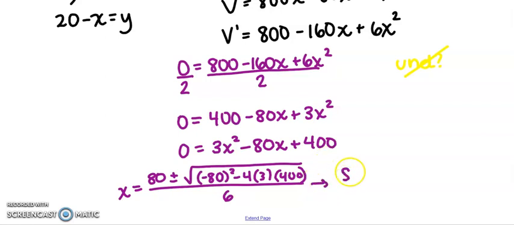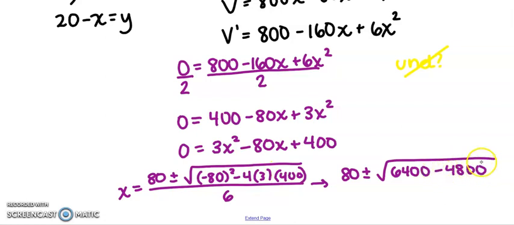So this will all be 80 plus or minus. Negative 80 squared is the same thing as just thinking about 8 squared, which is 64. And then we've got the two zeros because the square, minus 4 times 3 is 12, times 4 is 48. So this is minus 4,800 all over 6.